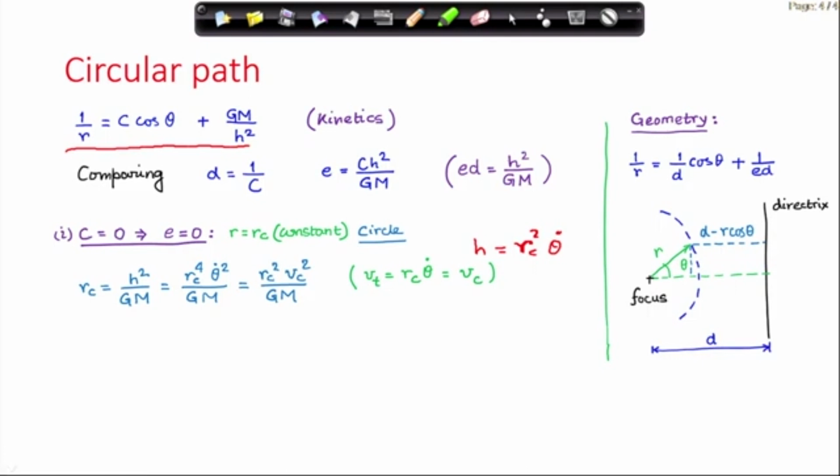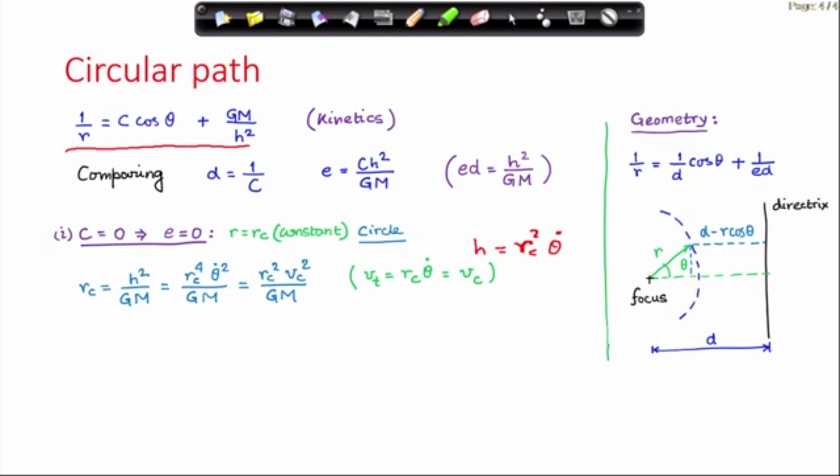This can be written as v c squared, because r c theta dot is the velocity on the circular path, which is v t, the tangential velocity. That is the orbital speed of the particle, called v c.